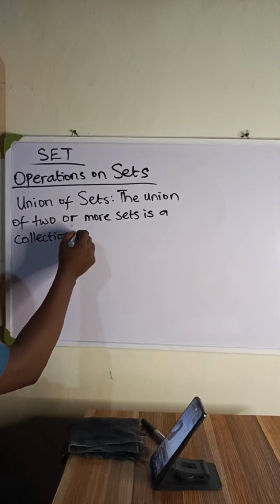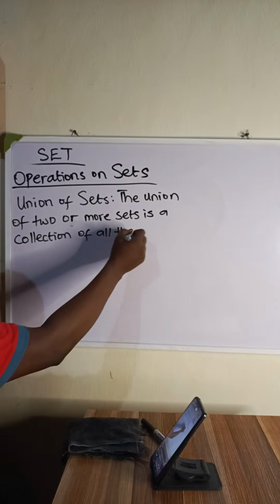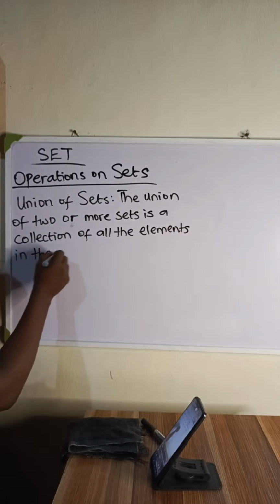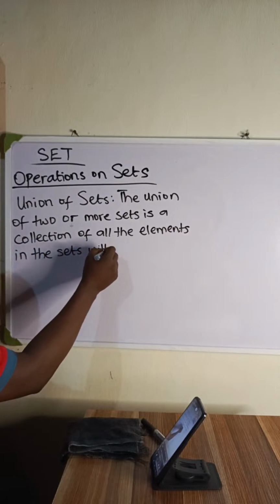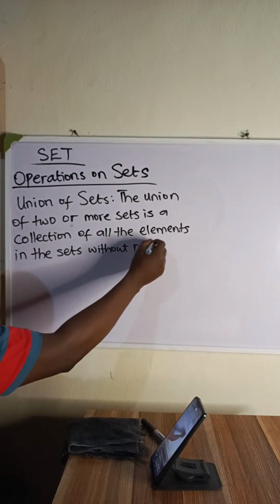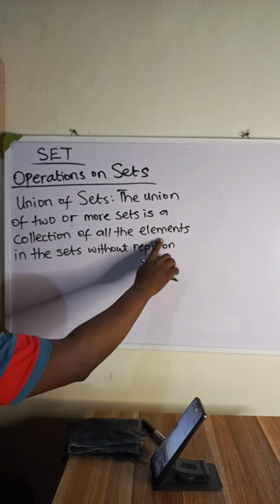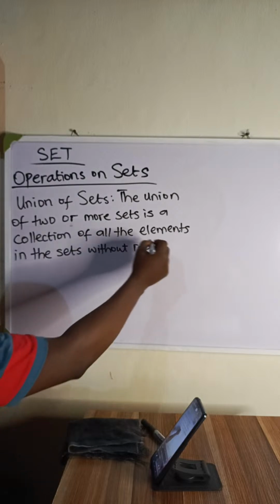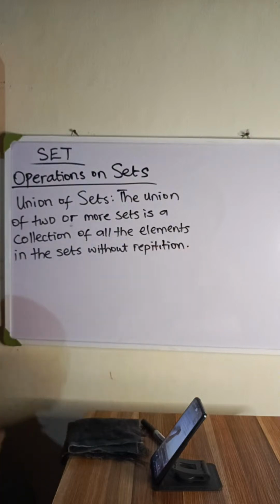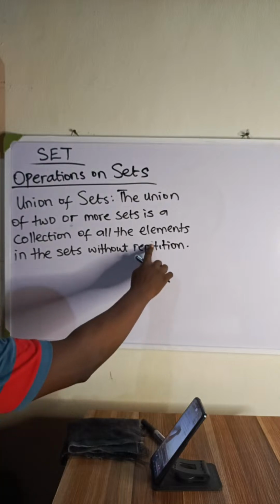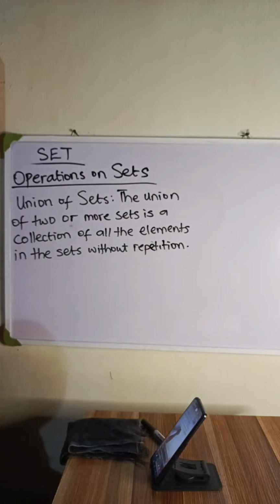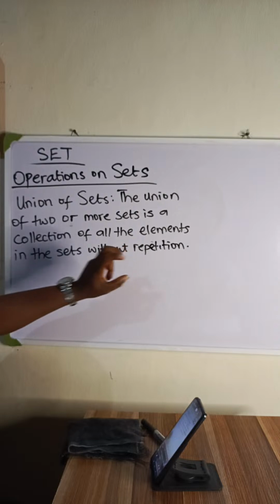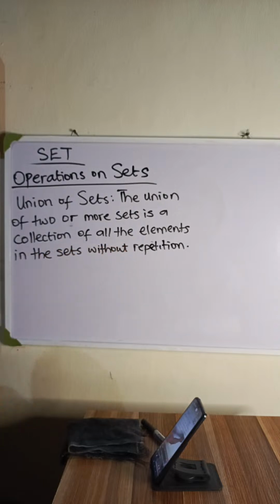It's a collection of all the elements. The union of two or more sets is a collection of all the elements in the sets without repetition.